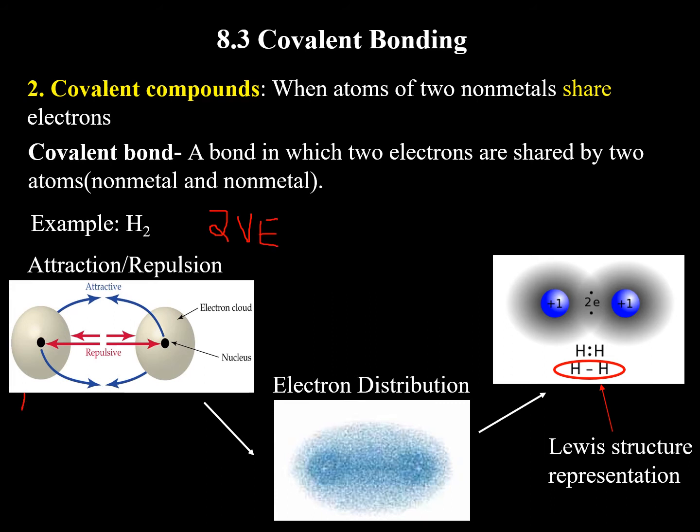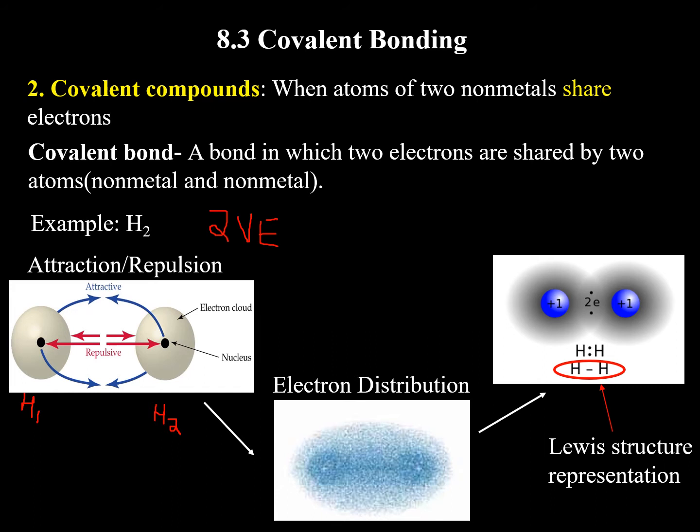So if we say H1 for the hydrogen on the left and H2 for the hydrogen on the right, we see at a certain distance the electron from H2 gets attracted to the nucleus, which is positively charged, of H1, and vice versa. The electron in H1 is attracted to the nucleus in H2, and eventually they come together, and there's an ideal length, which we'll talk about in the lab, one of the Gaussian labs.